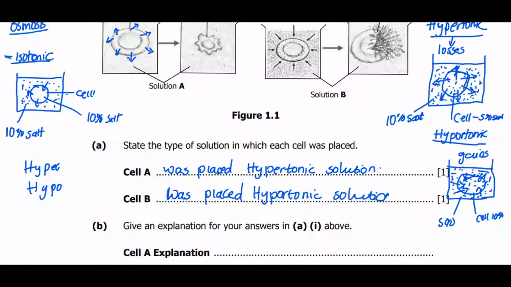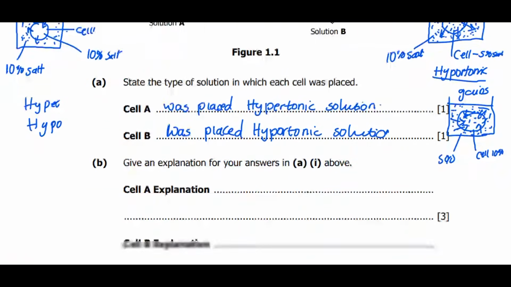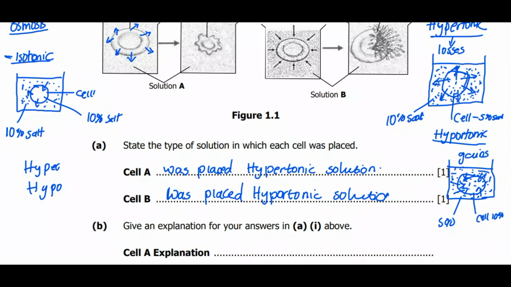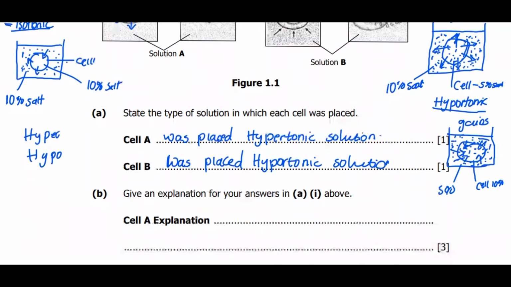Now let's move on to question B. Give an explanation for your answer in A1 above. So for cell A, the explanation: we've seen the arrows. They show that the cell has lost water into the solution through osmosis.